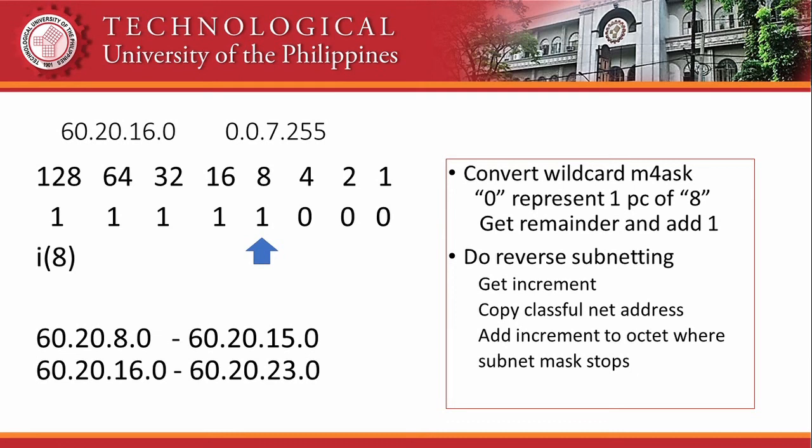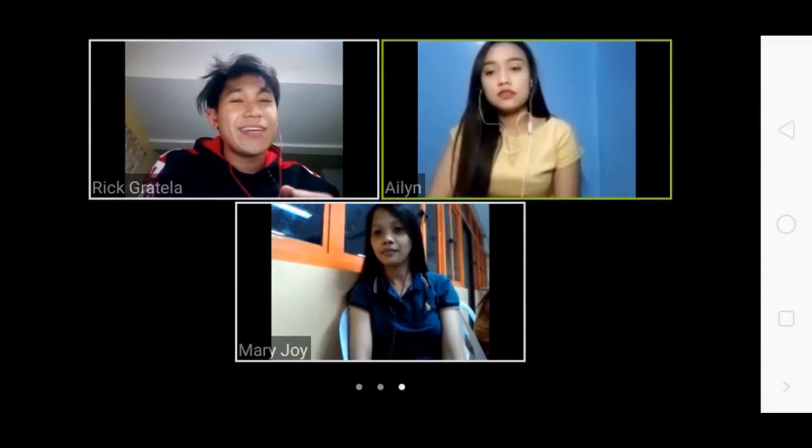So our answer would be 60.20.16.0 to 60.20.23.0. O bakit 0 po yung huling octet? Bakit hindi 255? Again, we are looking for a range ng sinusupernet natin na address, hindi tayo nakakuha ng network range in subnetting. Okay?